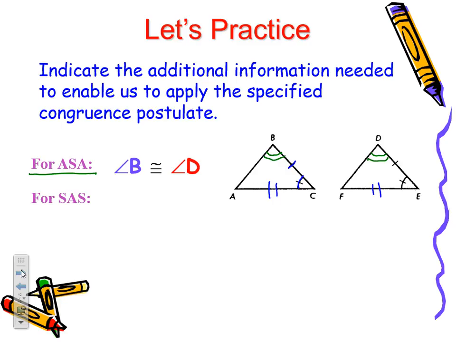So we'd have to say segment AC is congruent to segment FE. And last one, if I say angle, angle, side, that means I need 2 angles in a row, okay, in a row. So I would need this angle to be congruent to this angle. So angle A is congruent to angle F.